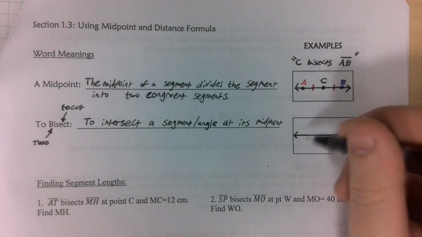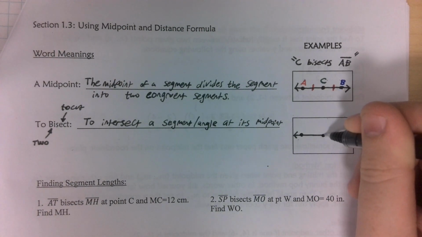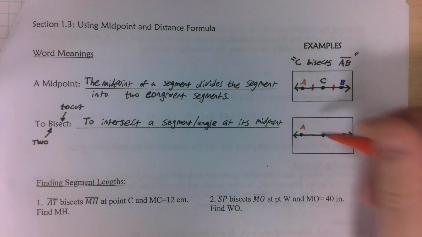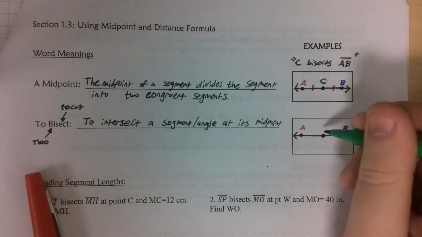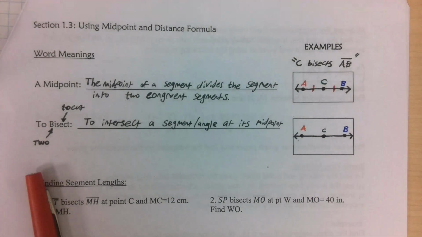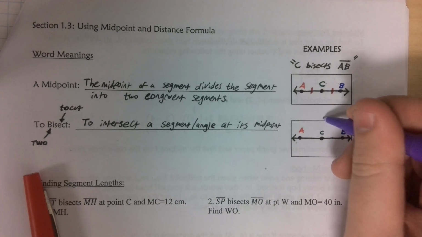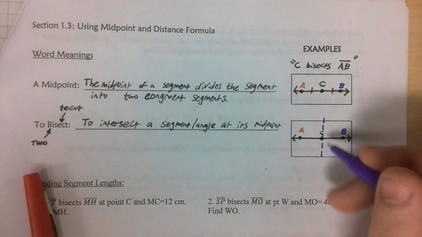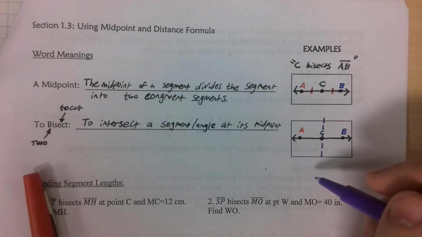So let's take that exact line again, ACB. But let's actually draw something that does bisect ACB. To bisect means to cut in half. So you could draw a line that looks like this. That line would be a bisector, or a segment bisector, because it's cutting the segment in half.